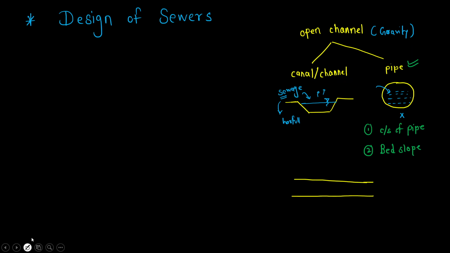The slope of this pipe is very important, because it should be aligned in such a way that the sewage flows automatically and does not consolidate or block at any point. This slope is called the bed slope.